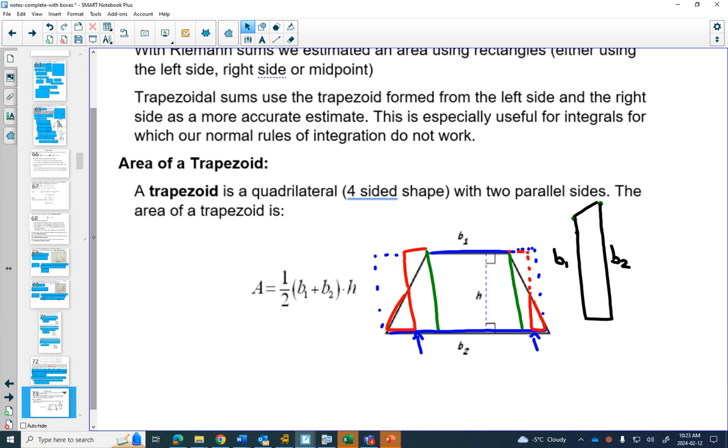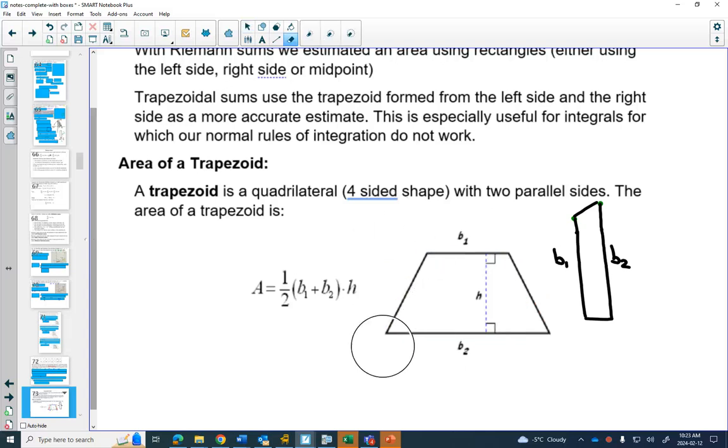So that's all a trapezoid is: recognizing a pattern with the triangles and getting it into a rectangle to find its area. But you can just memorize your formula. It's just the average of your two bases. That's why it's 1/2 (B1 plus B2) times the height.